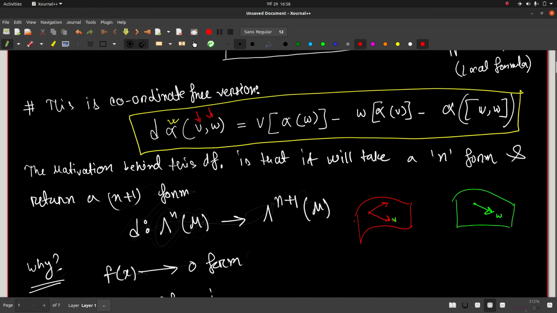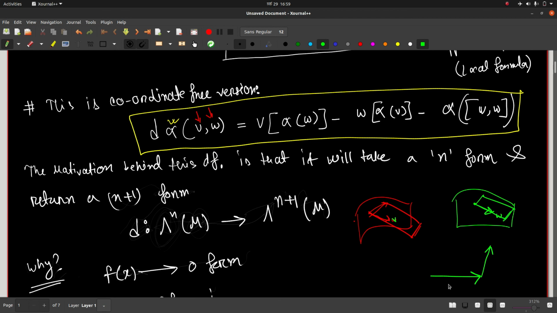So if this gives you a tangent plane like this on the manifold, and this gives you another tangent plane like this, from a geometric point of view, what you are actually doing is going this way first and then this way.